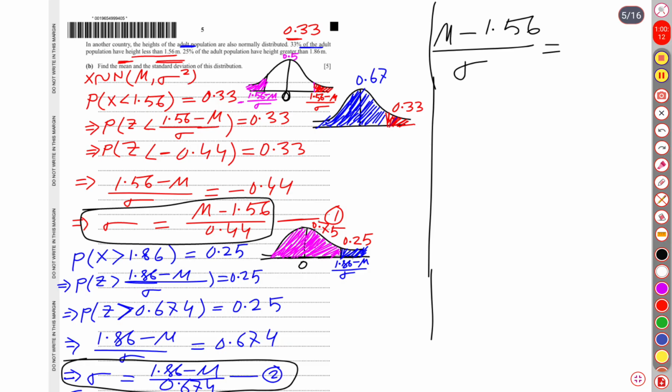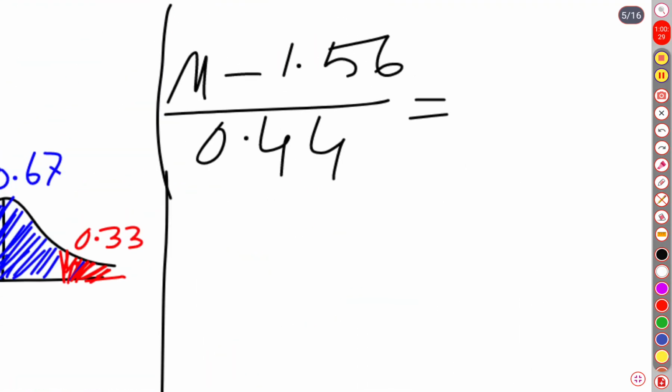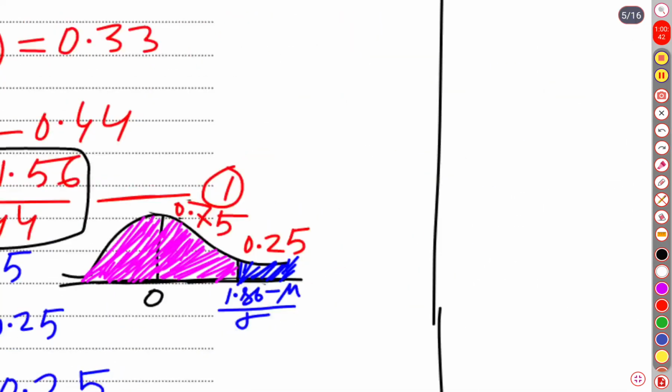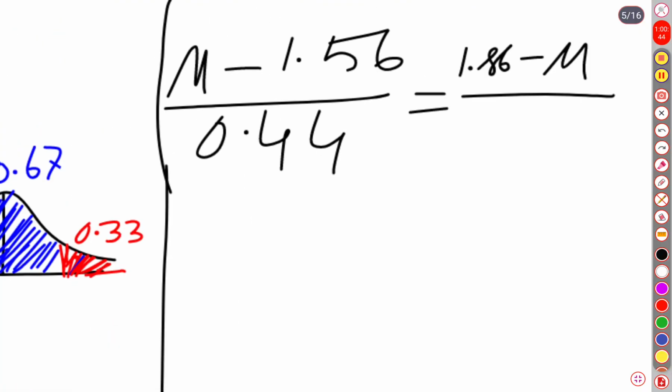This should actually not be sigma. The z score in the first is 0.44, equal to the second equation, 1.86 minus mu over our z score 0.674.